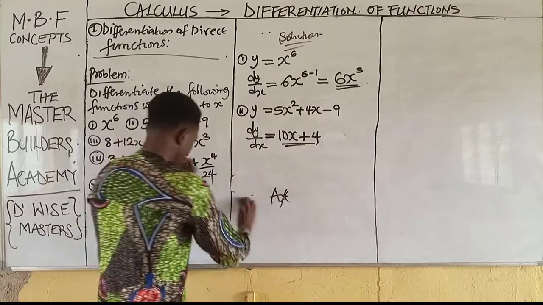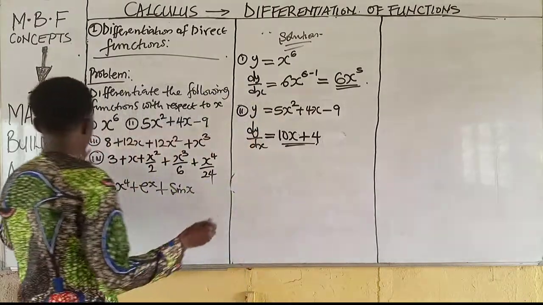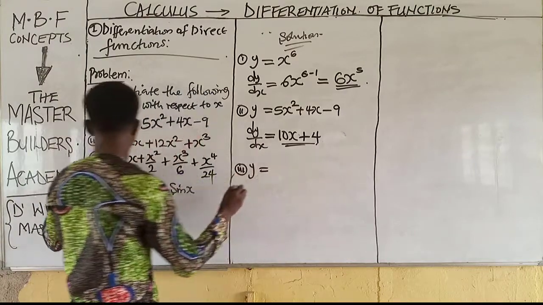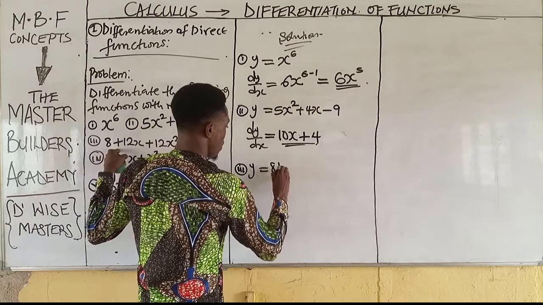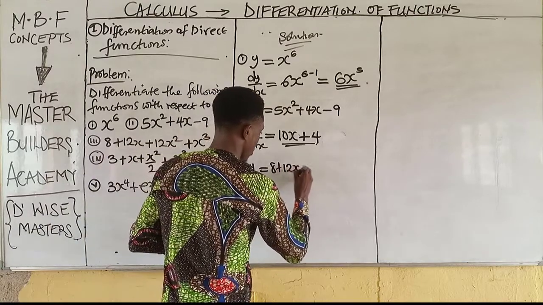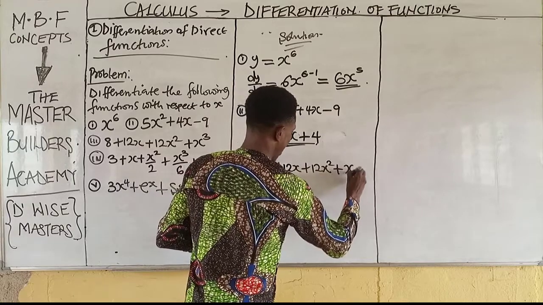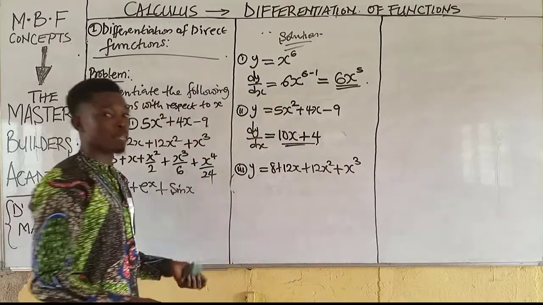Okay. Now we have question number 3 on the board. And we equally say y is equal to 8 plus 12x plus 12x squared plus x cubed. So simple as this.